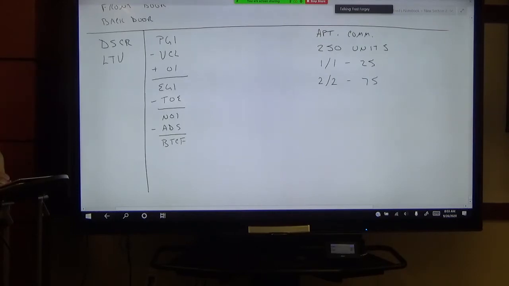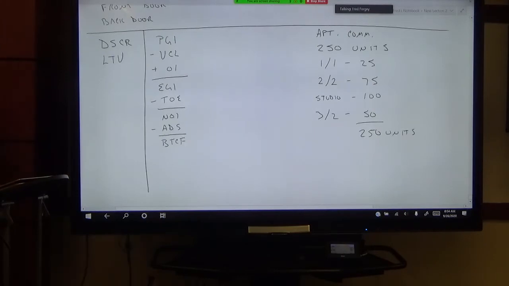Okay. And then other, which would be, let's just say, studio. How many studio? 150. Okay, so it's 200, so the remaining 50 are going to be what? 3 bed, 2 bath, let's say. All right. So we've got 250 units.